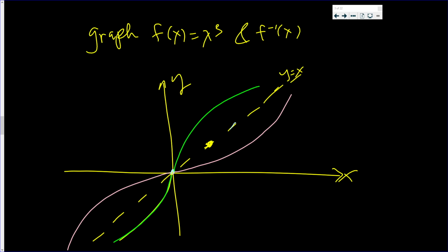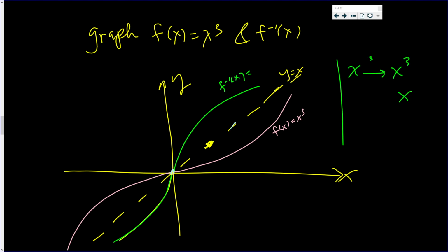Okay, this here is f inverse of x. This here is f of x equaling x cubed. Now, what is the function inverse, f inverse of x? Well, to undo cubing, you have x, you cube it, you get x cubed.